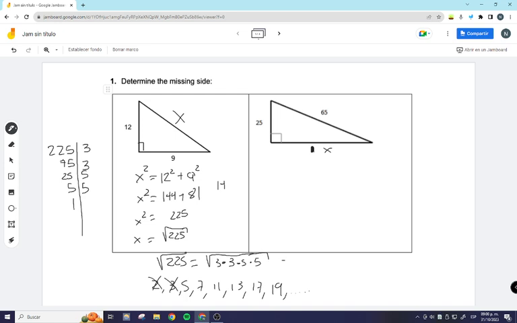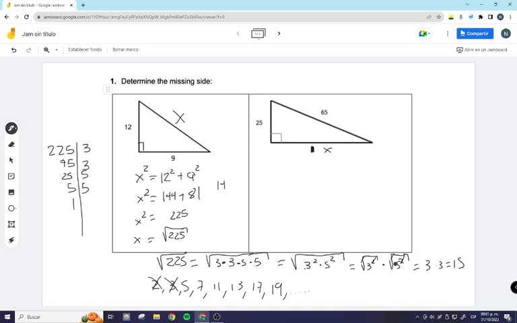That means that this is the square root of 3 squared times 5 squared, because 3 times 3 is 3 squared, and 5 times 5 is 5 squared. And then we can split the root. And this cancels. So it's just 5 times 3, which is 15.